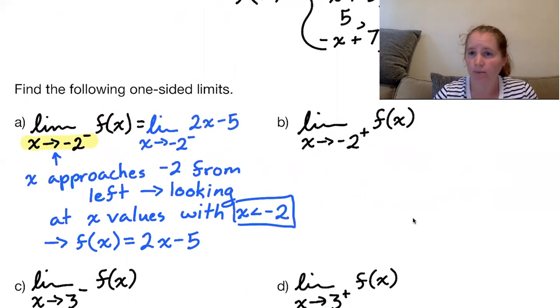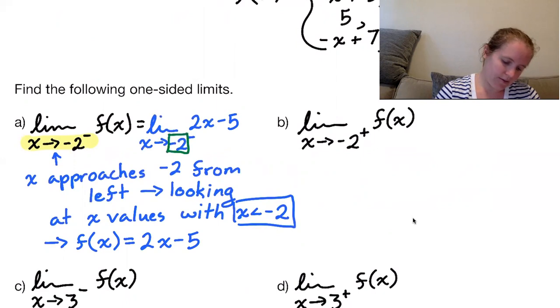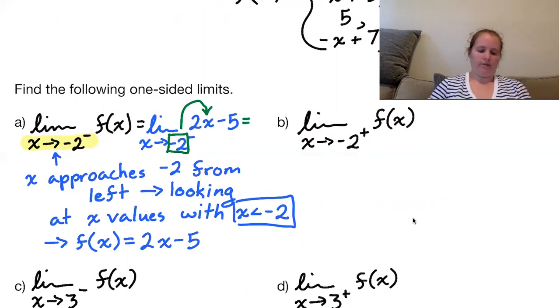That is a polynomial, so we can simply plug in. We take that -2 and plug it in for x, and we wind up with 2 times -2 is -4 minus 5. We get -9.